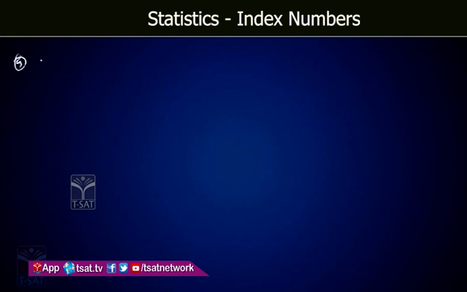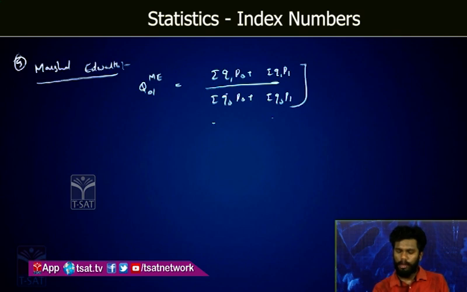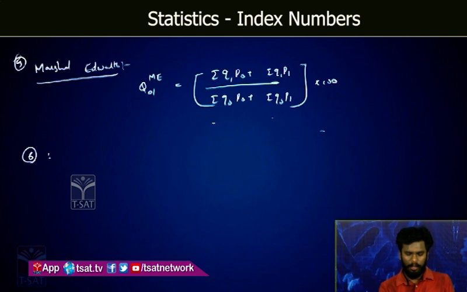Fifth one, Marshall-Edgeworth quantity index number. It is denoted by Q01 ME, and it is given by summation Q1 P0 plus summation Q1 P1 divided by summation Q0 P0 plus summation Q0 P1 into 100. Sixth one, Walsh quantity index number.